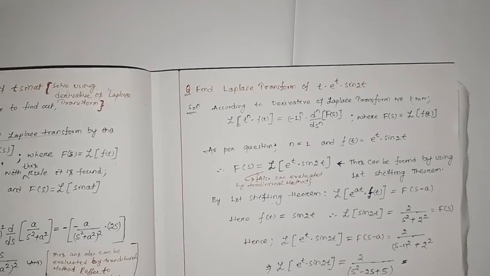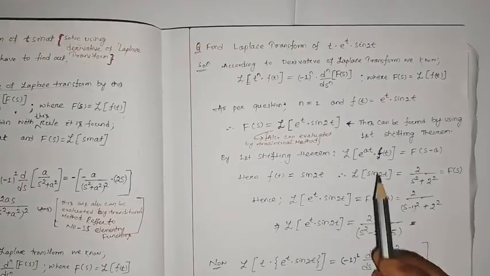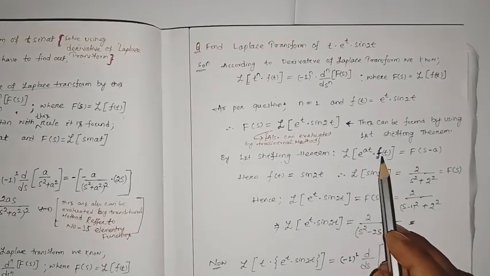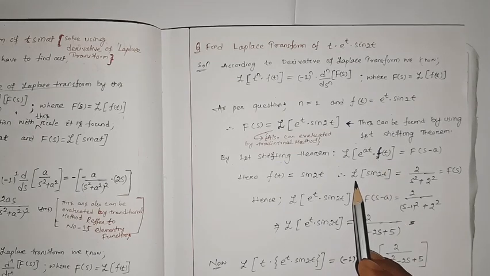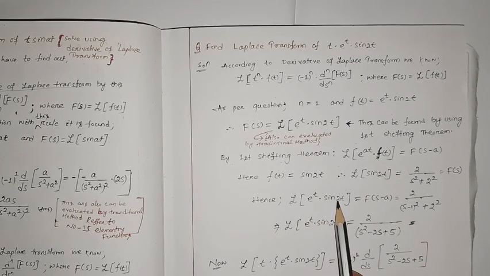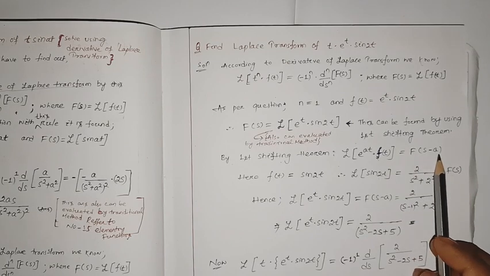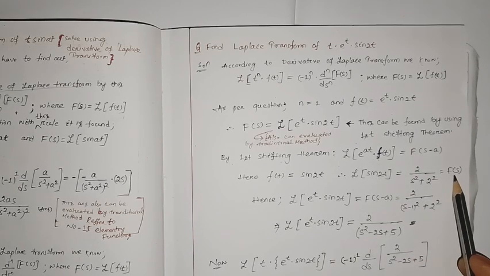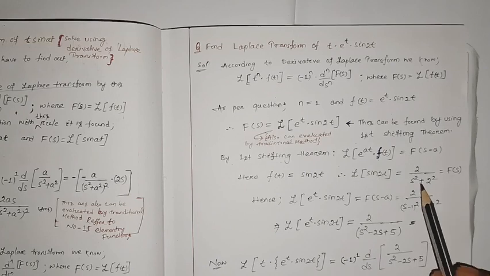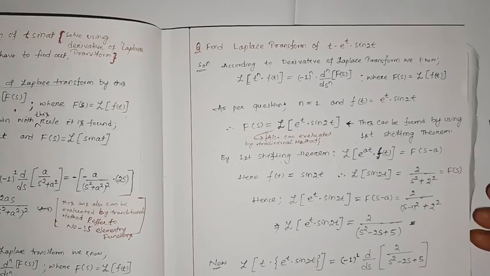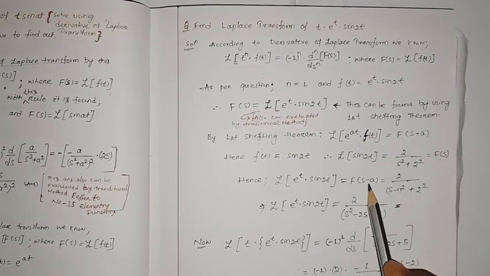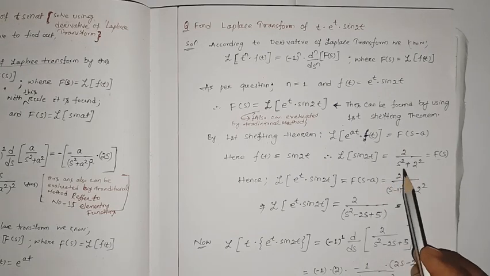So the Laplace transform of e to the at into f of t, or the Laplace transform of e to the at sine 2t, is capital F of s minus a. Here capital F of s is 2 by s square plus 2 square. So F of s minus a means instead of s we put s minus a.